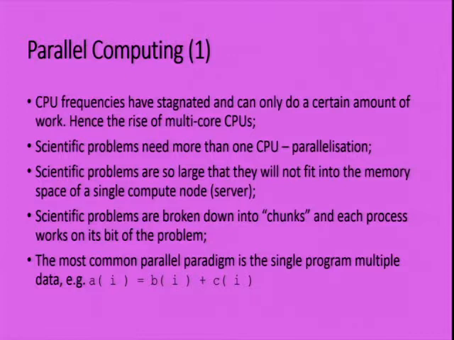The way you parallelize is your problem is broken down into chunks, and each process works on its chunk. An example is analyzing a large number of music files, where each process can process one music file. The most common parallel paradigm is single program, multiple data. An example is vector addition.